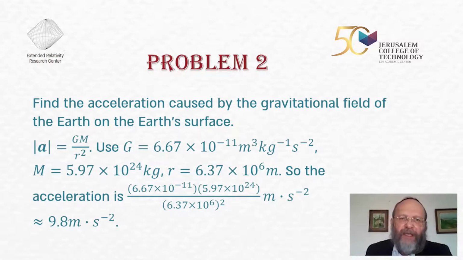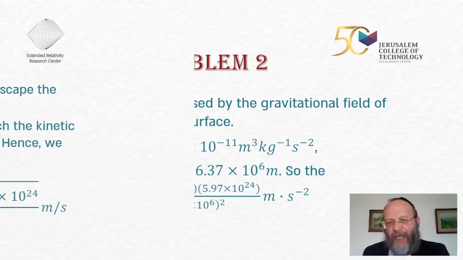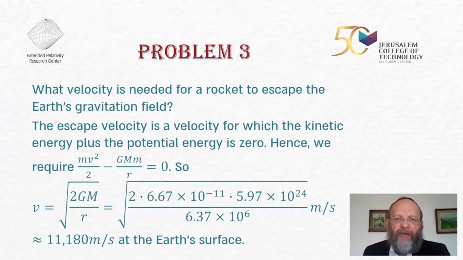Problem two was to find the acceleration caused by the gravitational field of the Earth on the Earth's surface. We use the formula that we got: a equals GM over r squared. G is the value written down, the mass is given, r is also known, and we get the well-known 9.8 meters per second squared. Problem three: find the velocity needed for a rocket to escape the Earth's gravitational field.